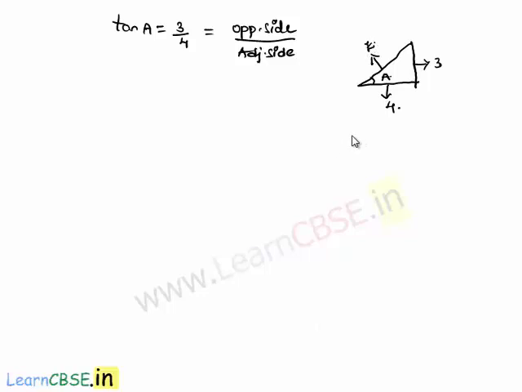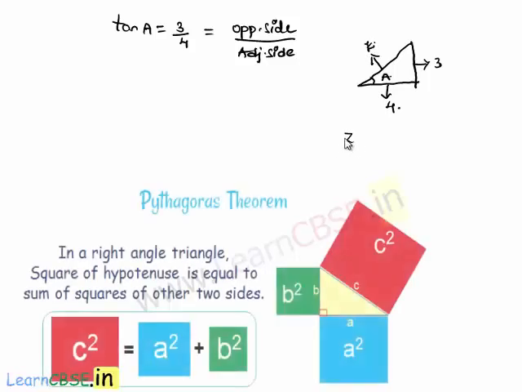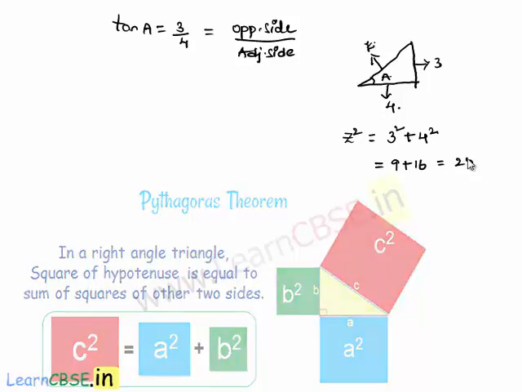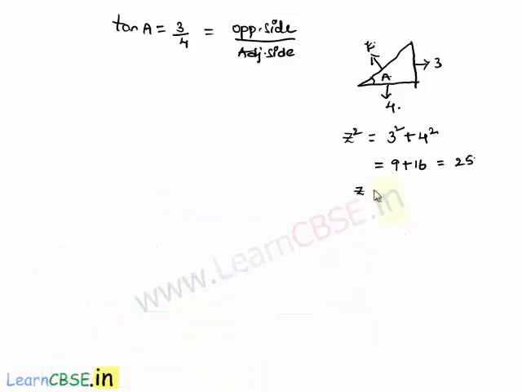We know that from Pythagoras theorem, square of hypotenuse, that is Z square, will be equal to sum of squares of the other two sides, that is 3 square plus 4 square, which is equal to 9 plus 16, that is equal to 25, and thereby we get Z as root of 25, which is nothing but 5. Therefore we got Z as 5.